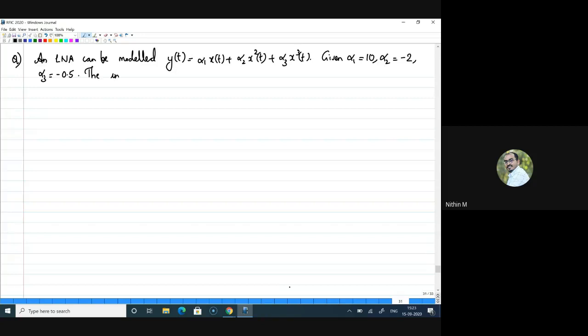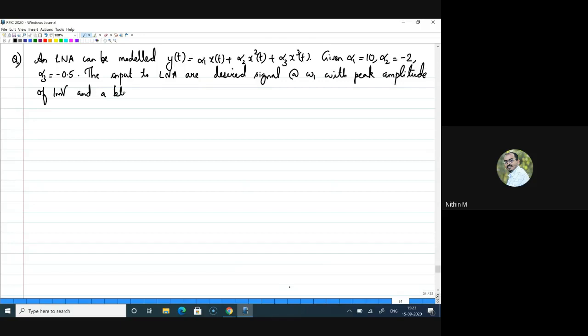Now, the input to this LNA: there is a desired signal at omega 1, which is having a peak amplitude of 1 milli, and there is a blocking signal at omega 2, which is having a peak amplitude of 2 volts.